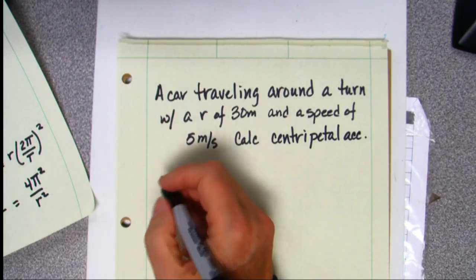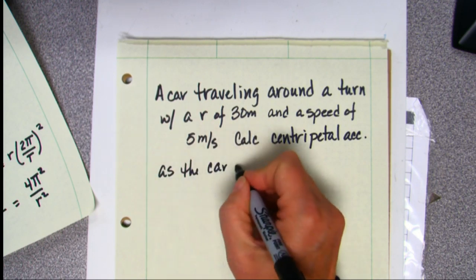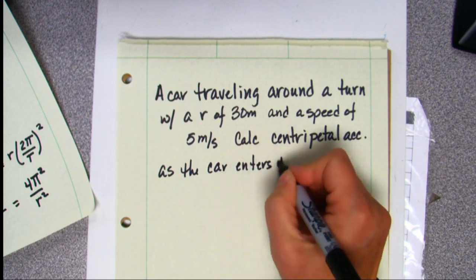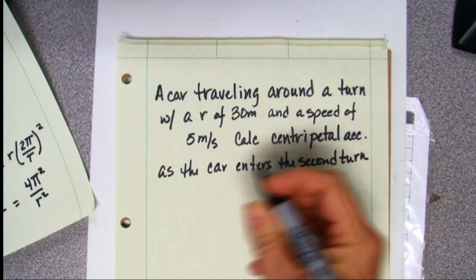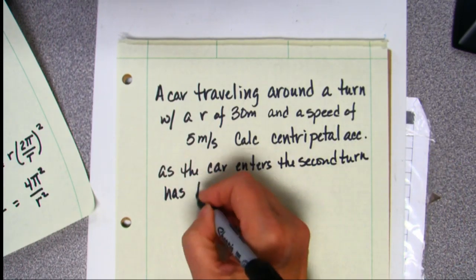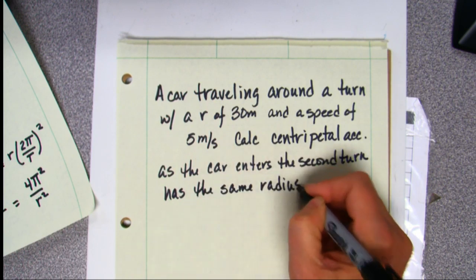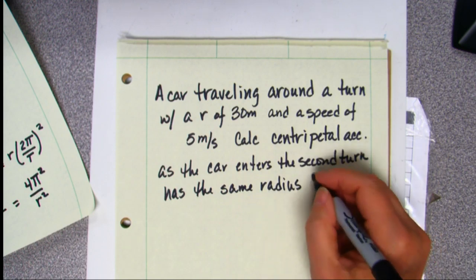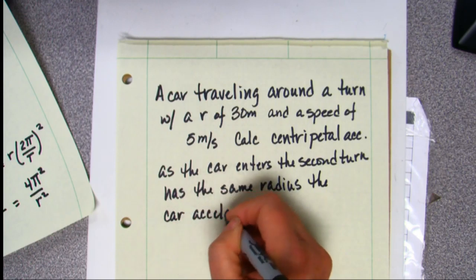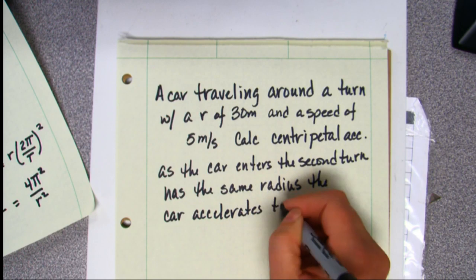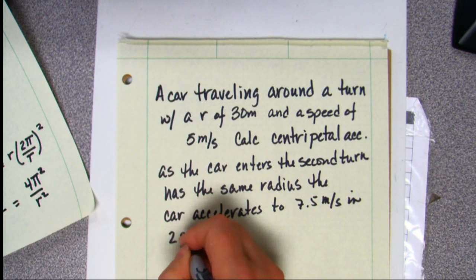And then, as the car enters the second turn, which has the same radius, the car is going to accelerate to 7.5 meters per second in 2 seconds.